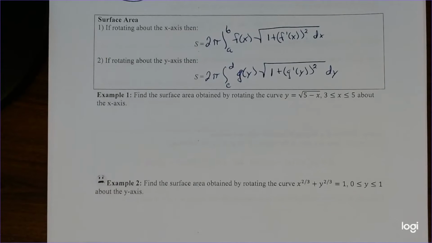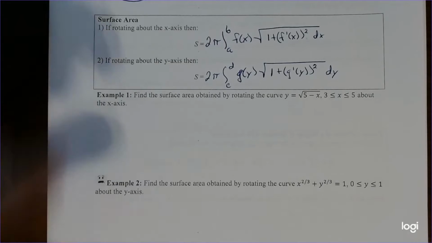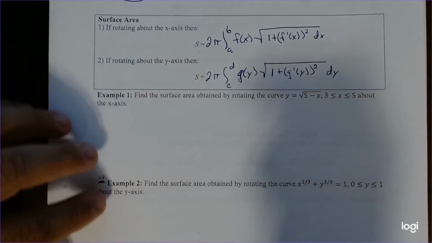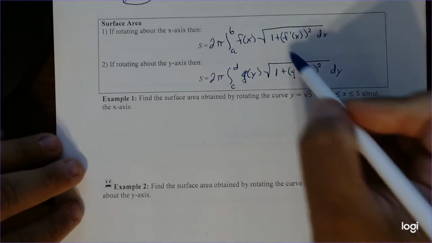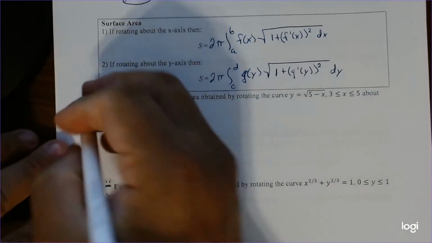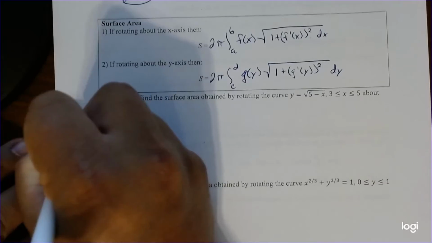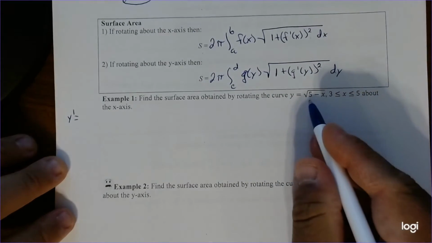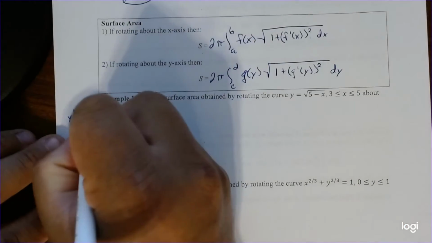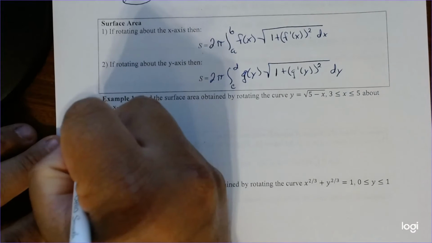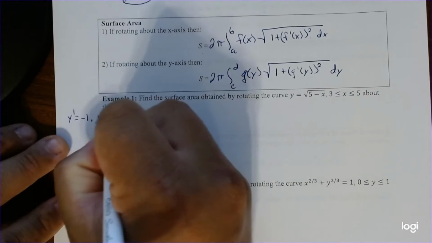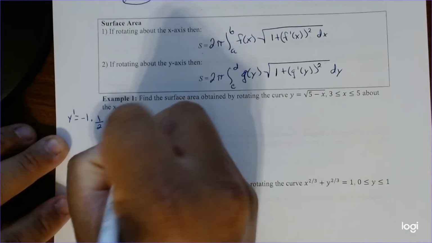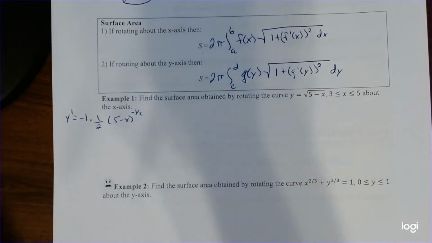Find the surface area obtained by rotating the curve y equals the square root of 5 minus x about the x-axis. Before we do anything, we follow the arc length process and take the derivative. So y prime is the derivative of the inside, which is -1, times the derivative of the outside, 1/2 times 5 minus x to the -1/2 power.